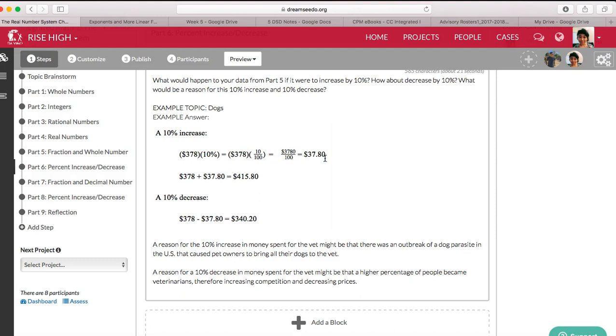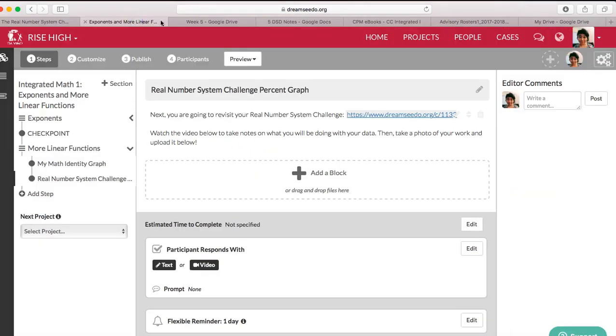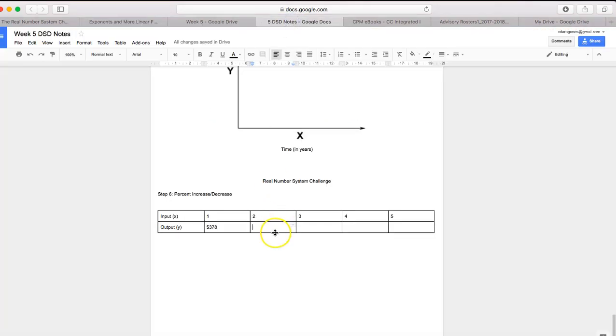To show that we increase, we added that 10% to the original $378, which results in $415.80. So your second point is going to be after that 10% increase. So for me, my 10% increase is $415.80.